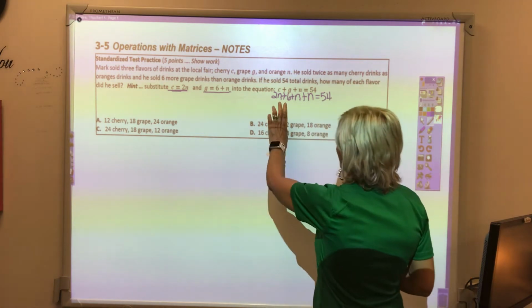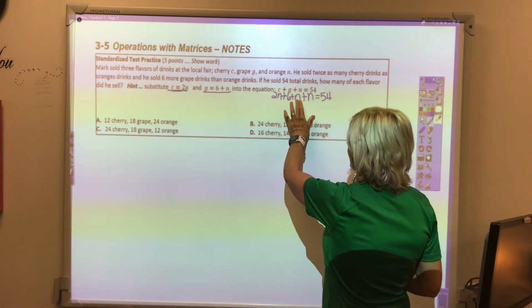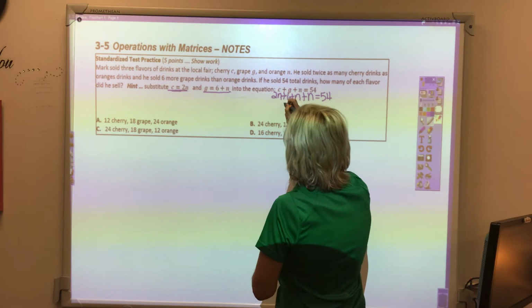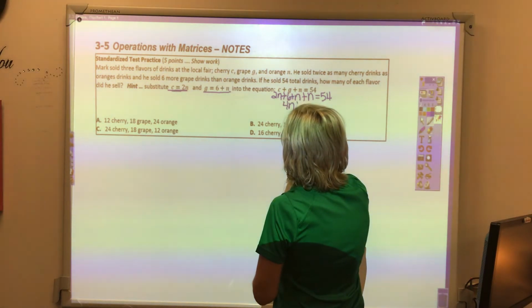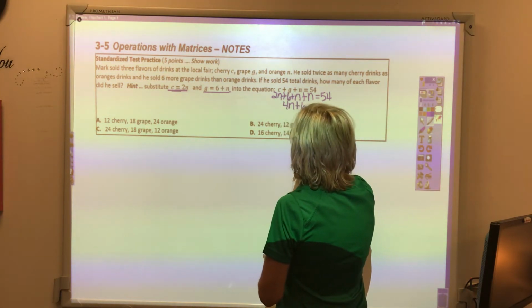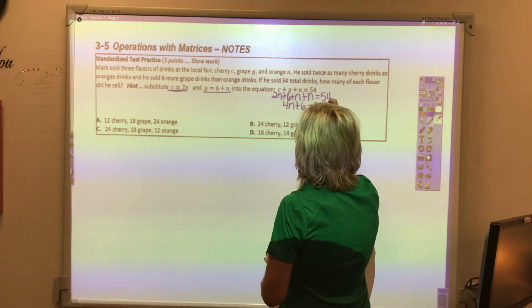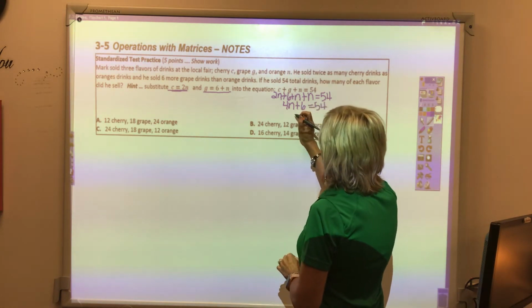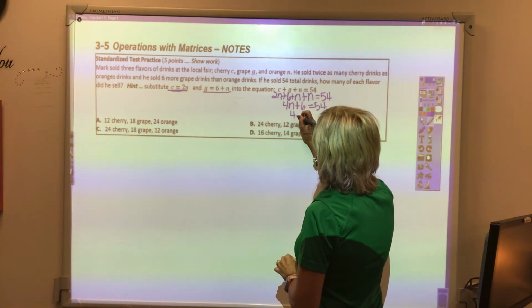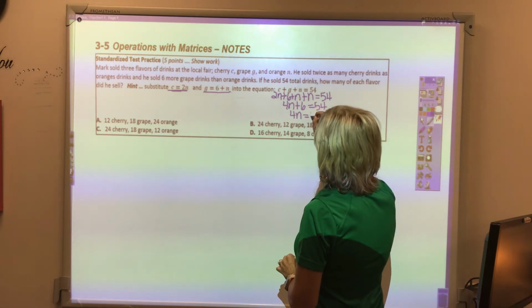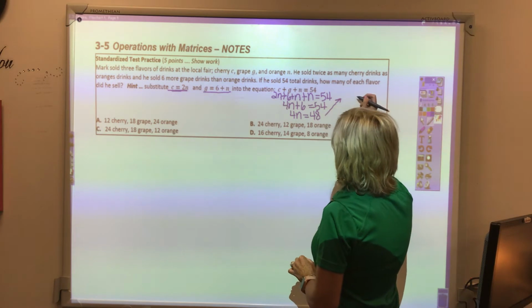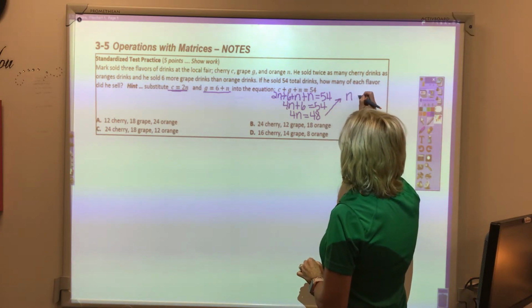I'm going to add my like terms. I have 2, 3, 4N plus 6 equals 54. If I take away 6 from both sides, I will have 4N equals 48. If I divide both sides by 4, N will be 12.